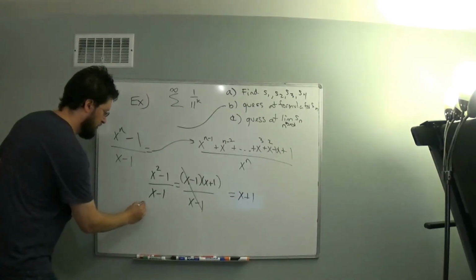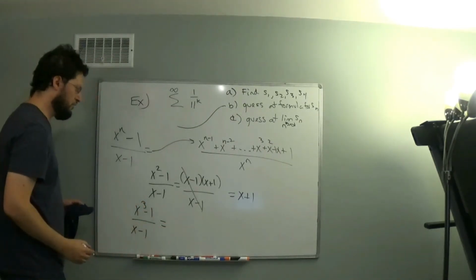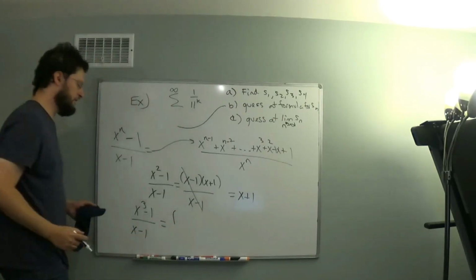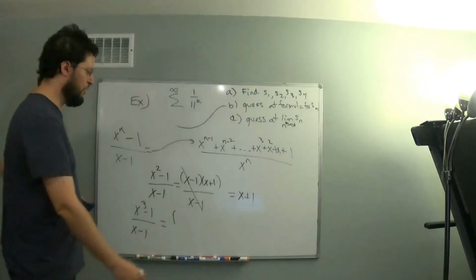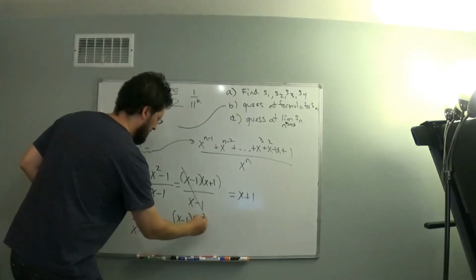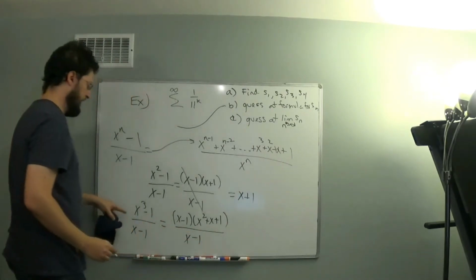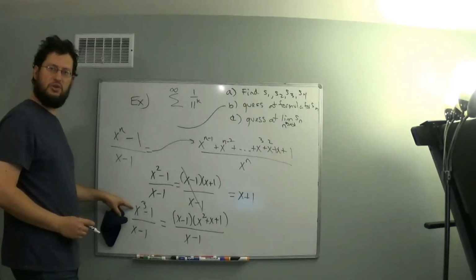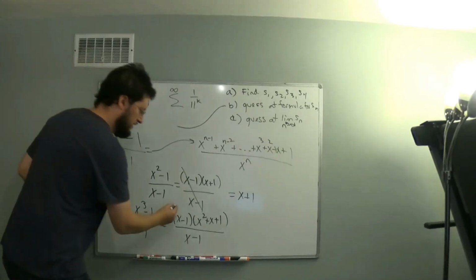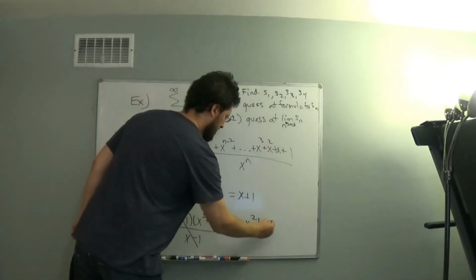If I take x cubed minus 1 divided by x minus 1, you might have learned some formula at some point in an algebra class, but as it turns out, this is x minus 1 times x squared plus x plus 1. This is the difference of cubes and how it factors. The x minus 1's will cancel, leaving me with x squared plus x plus 1.